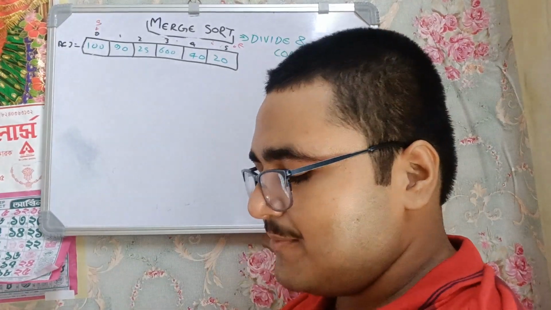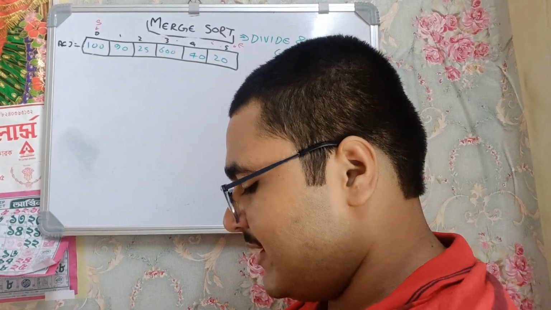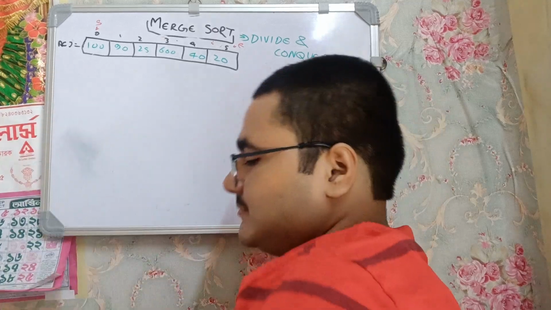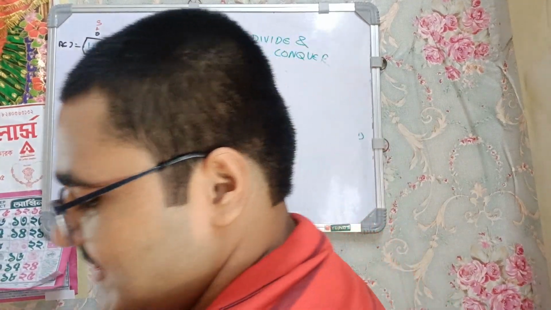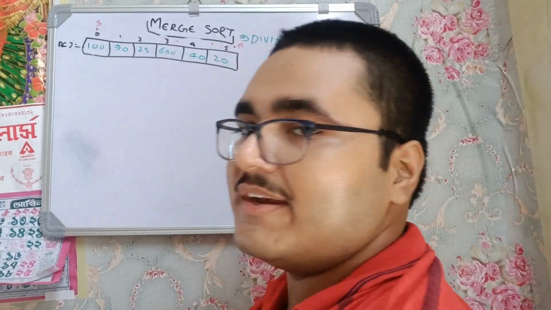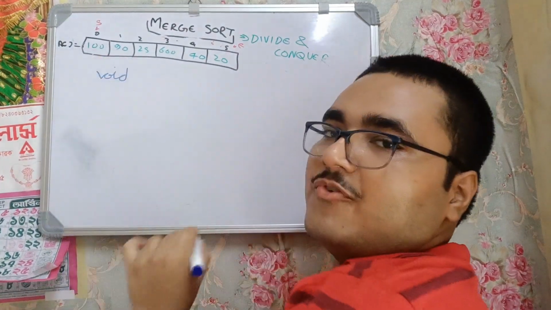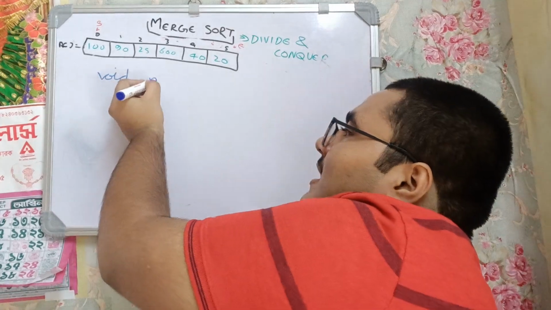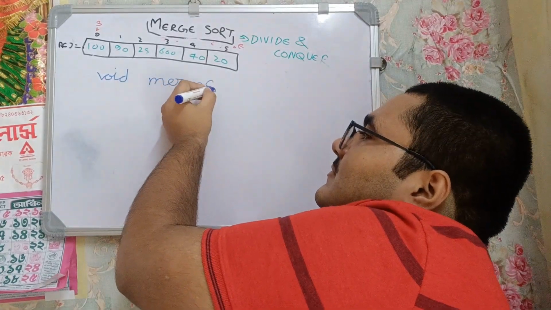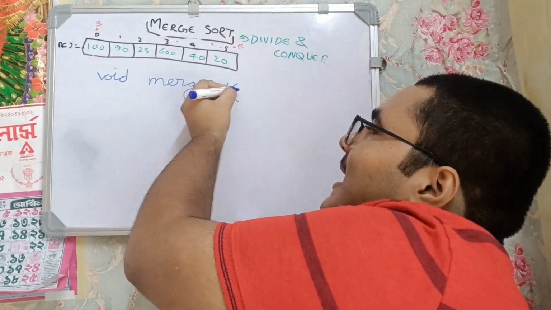So say suppose I am writing a function for the division portion, so void merge sort, say suppose I am taking the name of the function, void merge sort, okay, and it will be accepting the parameters.